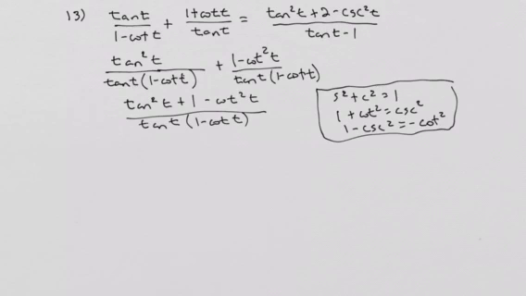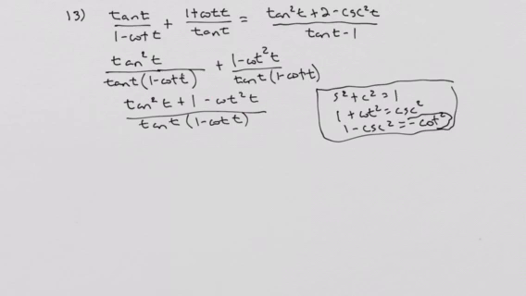I just subtracted this from both sides and subtracted this from both sides to get to here. Now, instead of negative cotangent squared, I'm going to call it 1 minus cosecant squared. And I got to be careful with my signs because I already have a negative sign there.